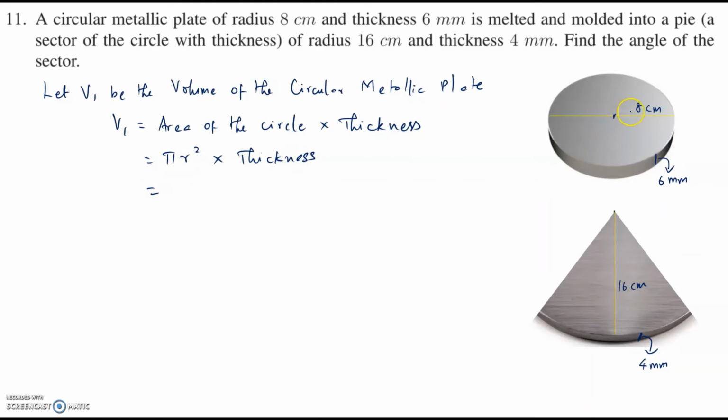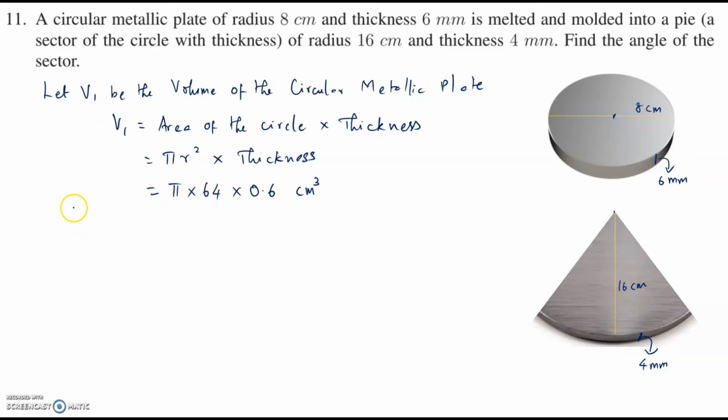Our radius is in centimeters and the thickness is in millimeters, so we need to convert the thickness into centimeters. So it is pi into 8 squared, which is 64, times the thickness, 6 mm, which is 0.6 centimeters. The volume is in centimeter cube.